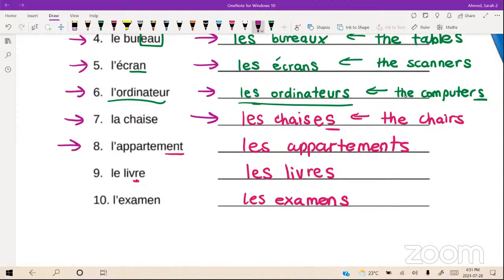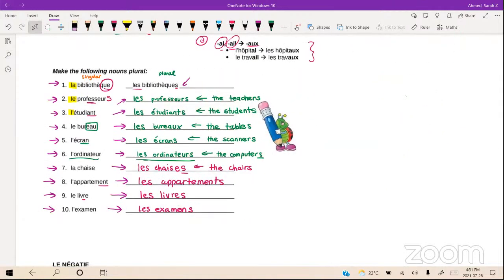L'appartement, les appartements. Les livres. L'examen, les examens. Very good. Très bien.